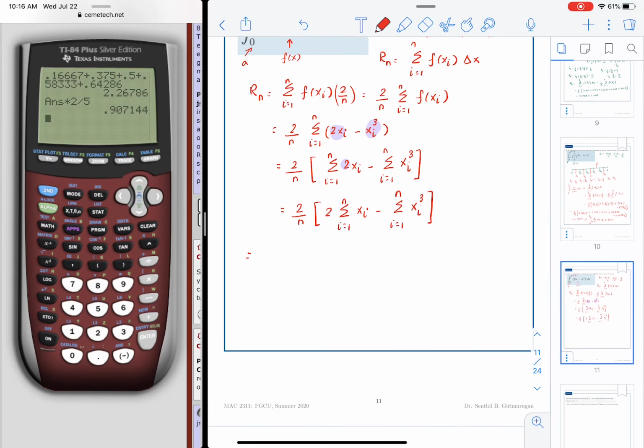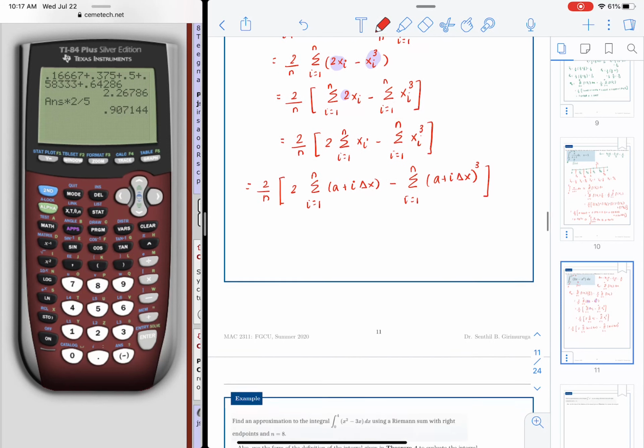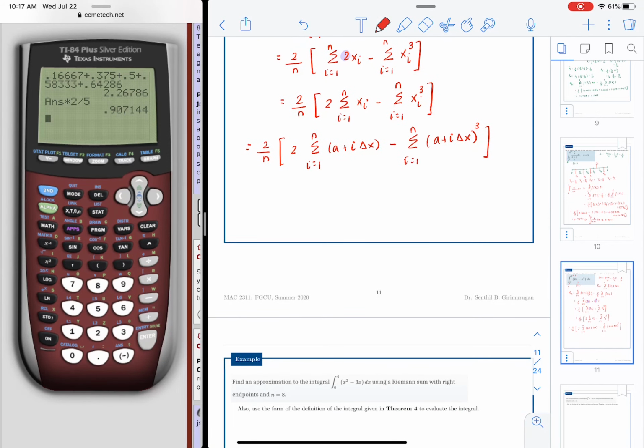So I can write this as 2 times the sum i equals 1 to n of a plus i delta x, minus the sum i equals 1 to n of a plus i delta x raised to 3. And we know that a is 0.